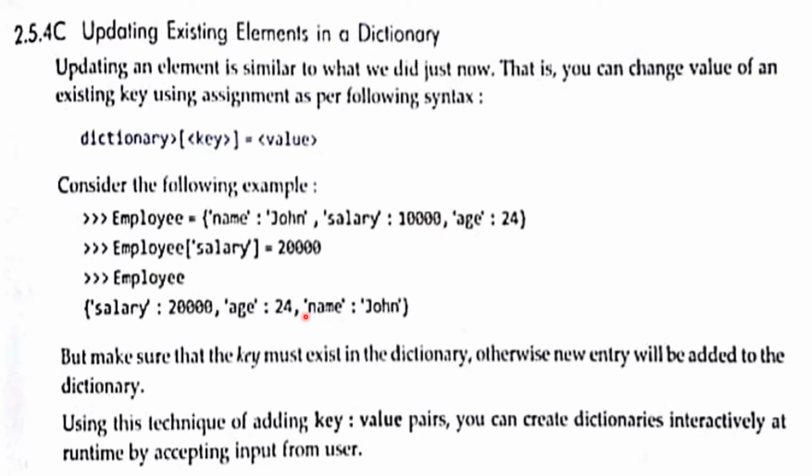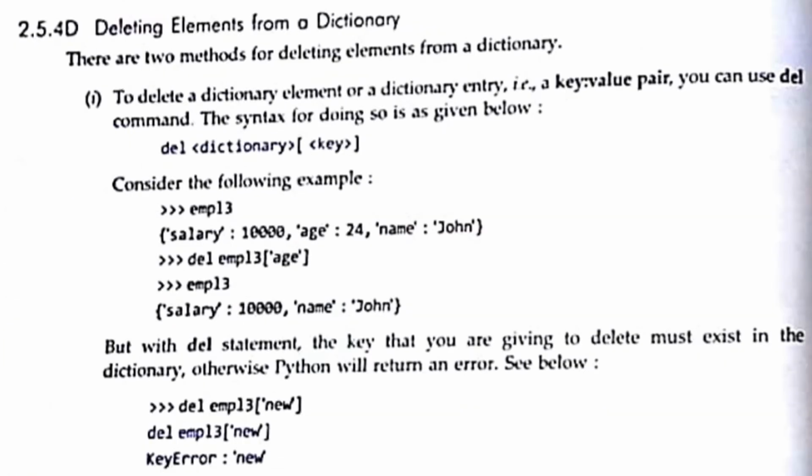Next is deleting elements from a dictionary. There are two methods for deleting elements from a dictionary. First one is to delete a dictionary element or a dictionary entry, that is a key value pair. You can use the del command. So the syntax for doing so is given below: del, name of the dictionary, and the key you want to delete.